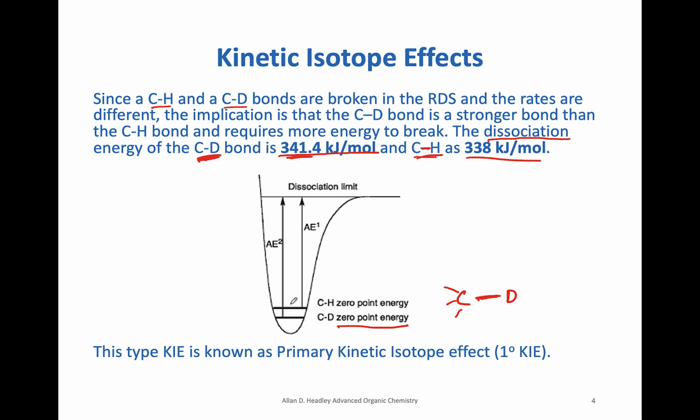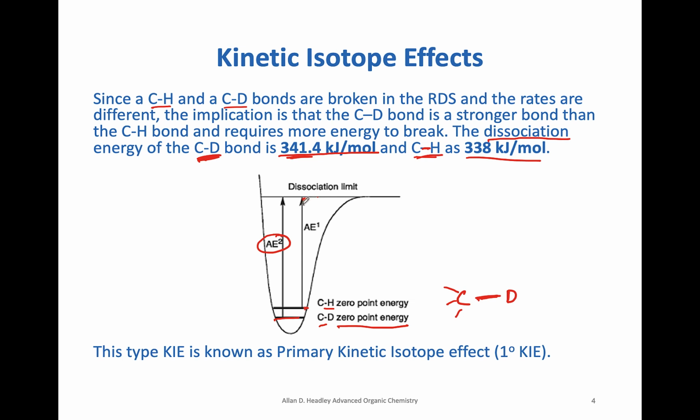I think you can look at Hooke's law to refresh your memory with that. Bottom line is, anyhow, the energy required to go from the zero point energy for CD to breakage requires more energy than going from the CH bond, from the zero point energy, to bond dissociation or breakage. So less energy. So you can see where we're going with this.